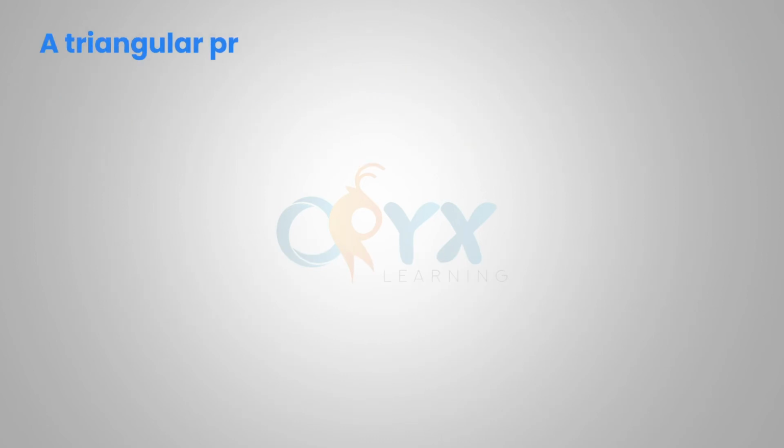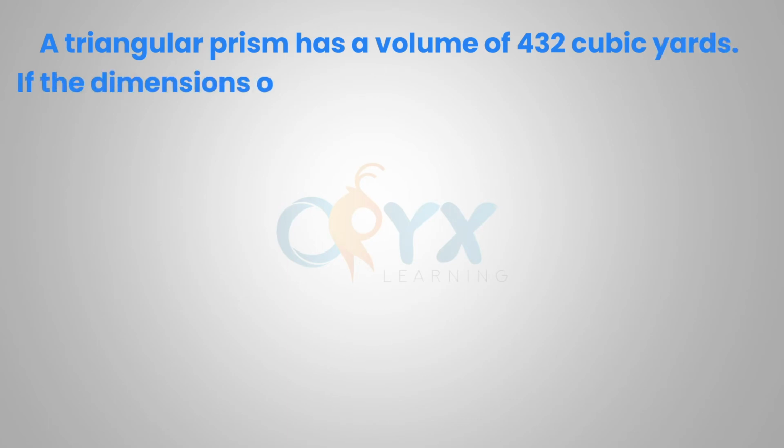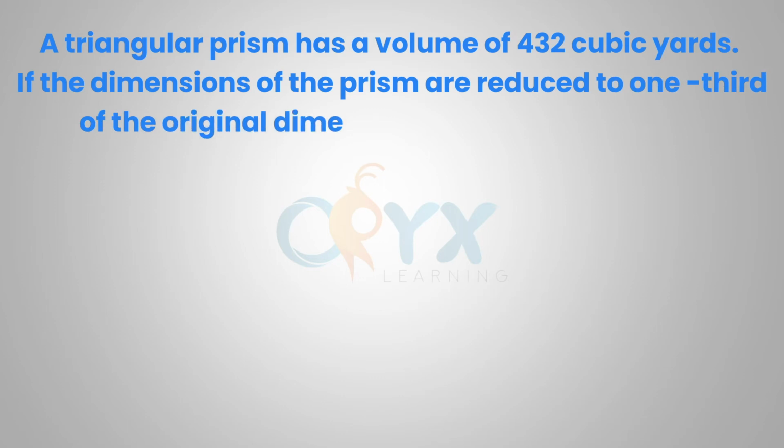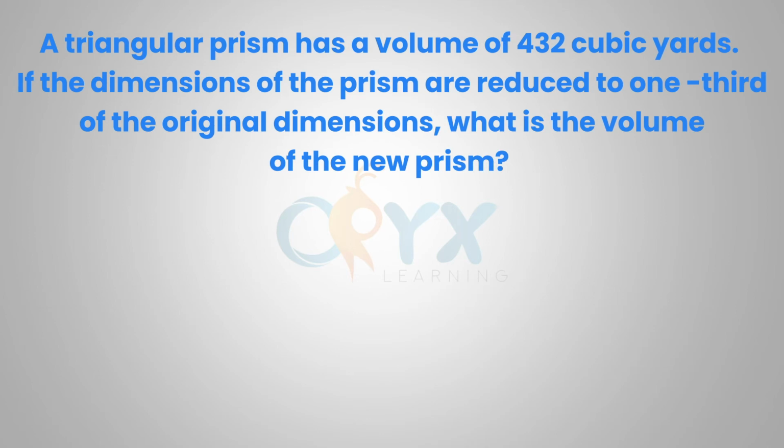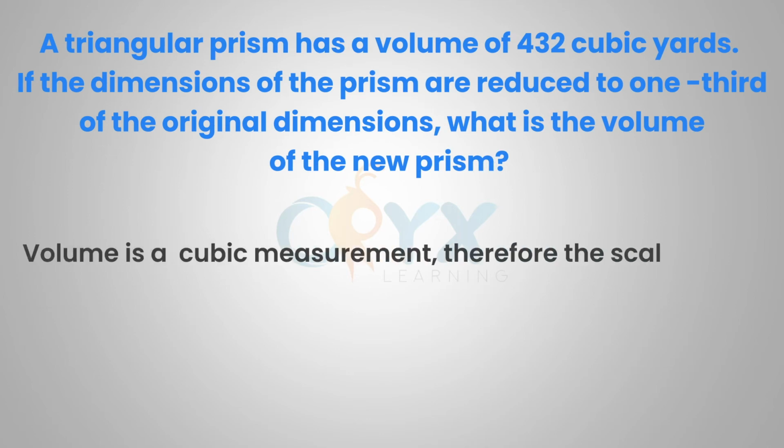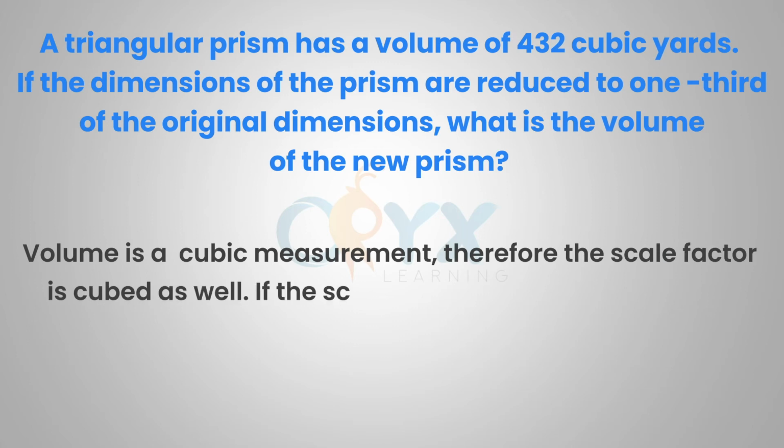A triangular prism has a volume of 432 cubic yards. If the dimensions of the prism are reduced to 1/3 of the original dimensions, what is the volume of the new prism? Volume is a cubic measurement, therefore the scale factor is cubed as well.